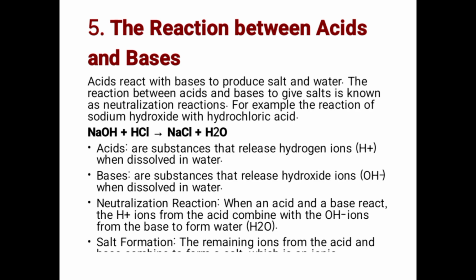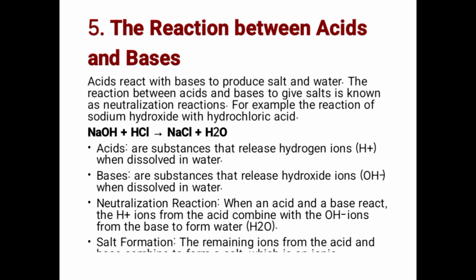What happens in this neutralization process? Number 1, the acid will release hydrogen ions. When released in aqueous solution, the base will release OH minus. So in the neutralization reaction, the H plus joins together with the OH minus to form the water molecule. In a typical neutralization reaction, H plus combines with OH minus to form H2O.